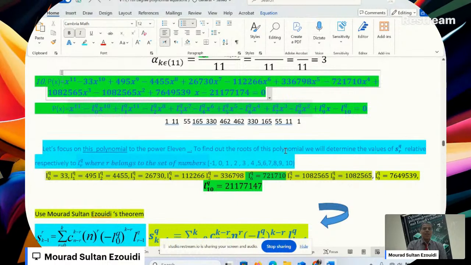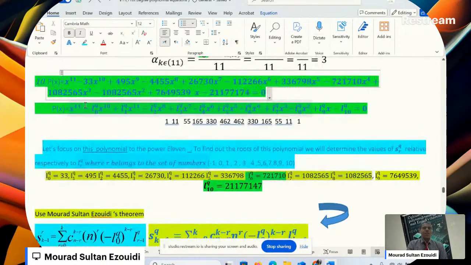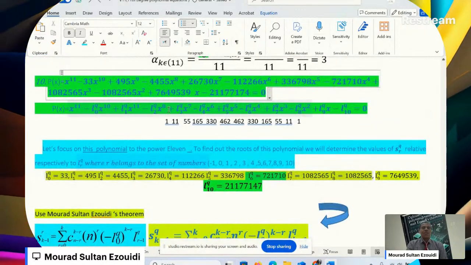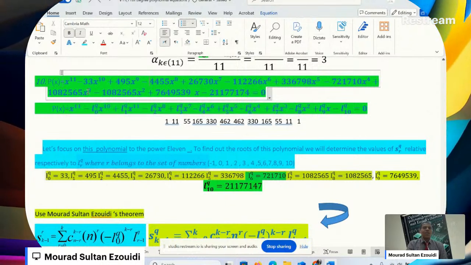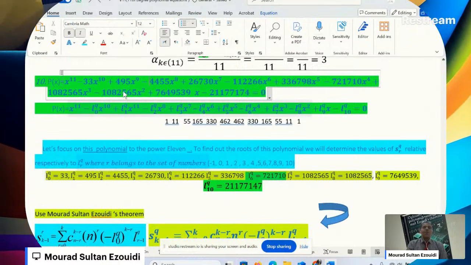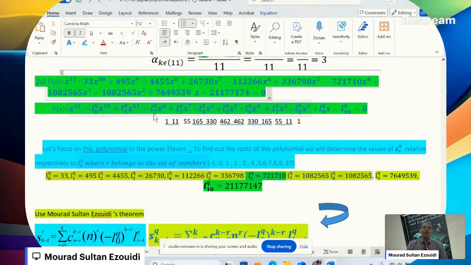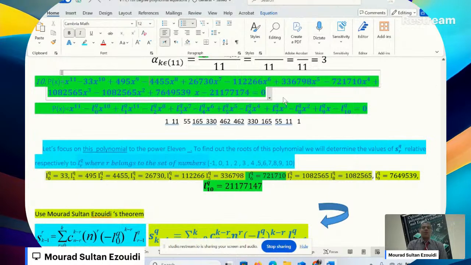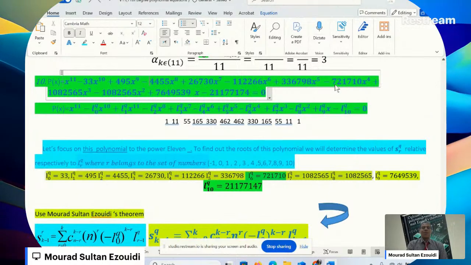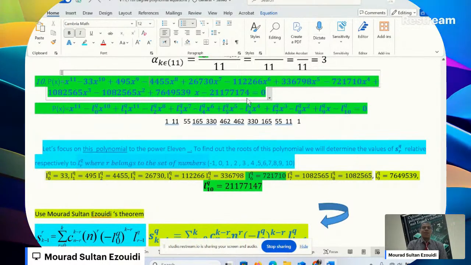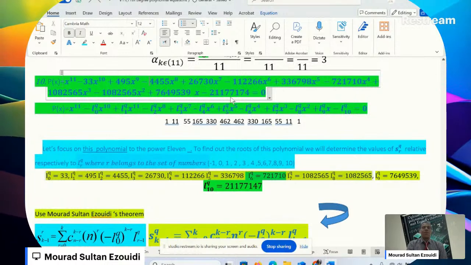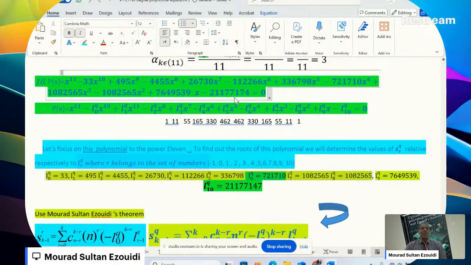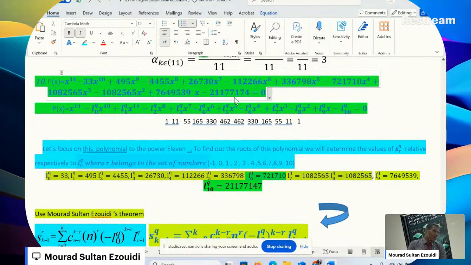Now, if you equate this polynomial to its standard form, you will see that L0 is 33, L1 is 495, L2 is 4,455, and so on, up to L10 equal 21,177,174.